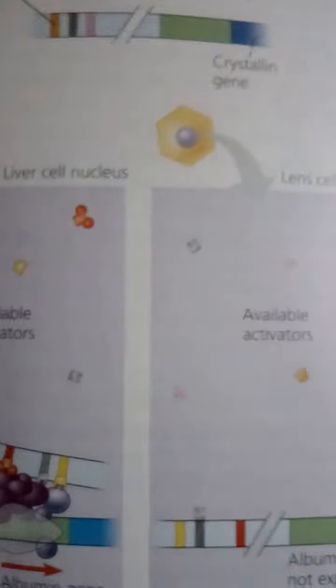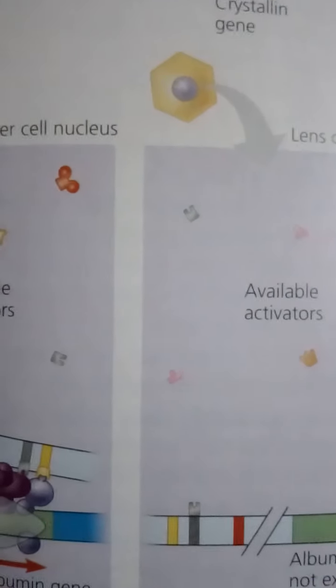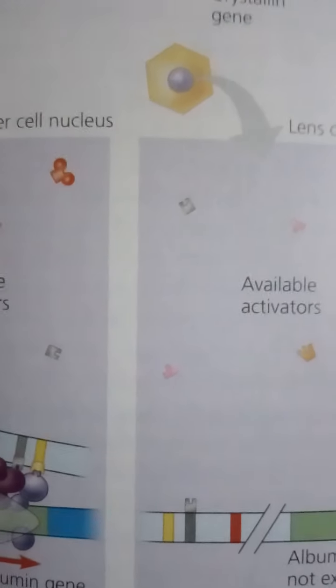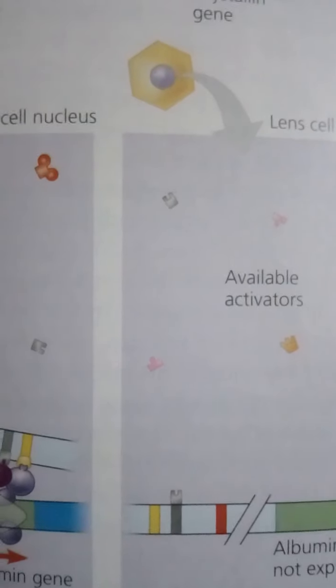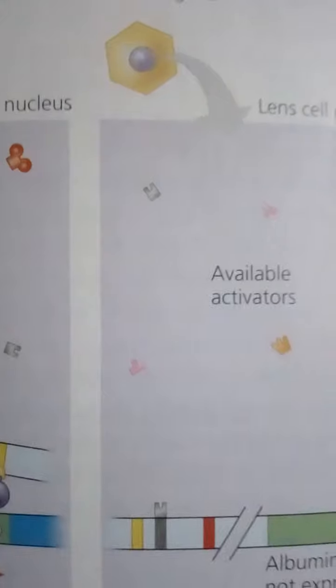The principle of coordinate regulation is the same as in the case of steroid hormones. Genes with the same control elements are activated by the same chemical signal systems. Coordinate gene regulation probably arose early in evolutionary history and evolved by the duplication and distribution of control elements within the genome.